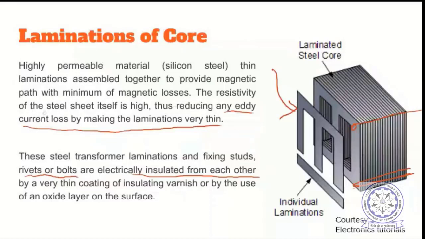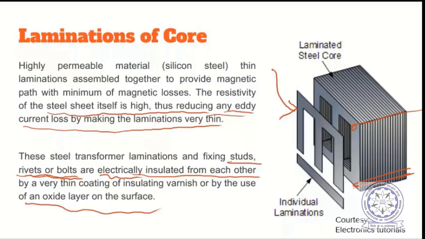The resistivity of the steel sheet itself is high, and eddy currents are reduced by making the laminations very thin. These laminations are intentionally made very thin. And not only the laminations, but also the studs, rivets or bolts used to fix these laminations are electrically insulated from each other by a very thin coating of insulating varnish or by use of an oxide layer on the surface.